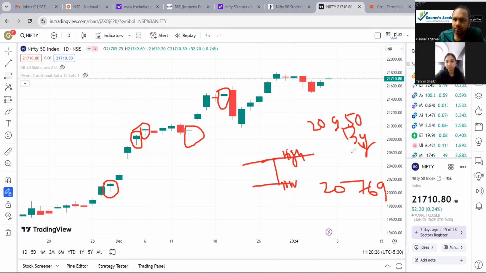And if the market crosses the low price, 20769, meaning it comes down to 20765 or 20760, then we will take a sell trade, right?